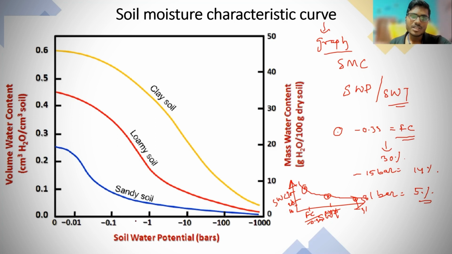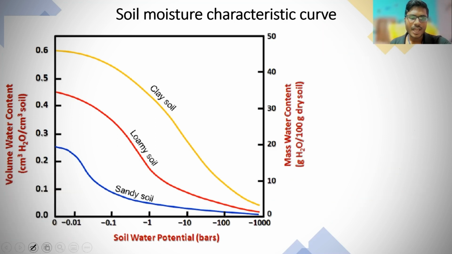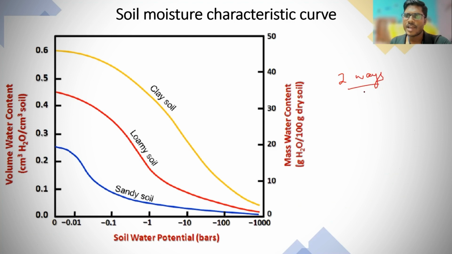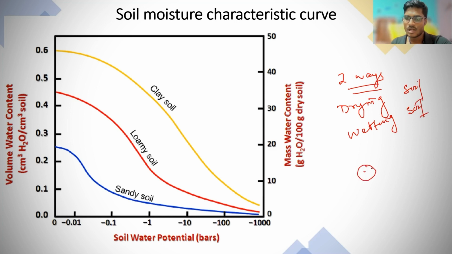But this soil moisture characteristic curve can be prepared in two ways. Either we can prepare it by drying the soil, or by wetting the soil. Suppose we have taken a soil sample and oven dried it, and then we start adding water, and we note at what potential what the soil moisture content is.